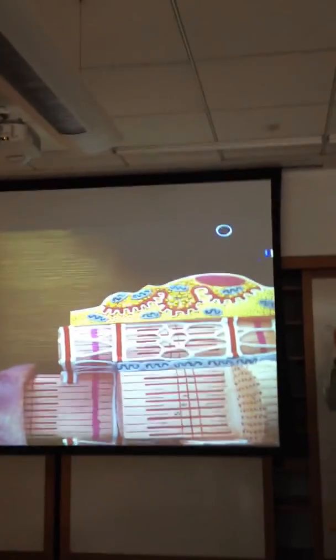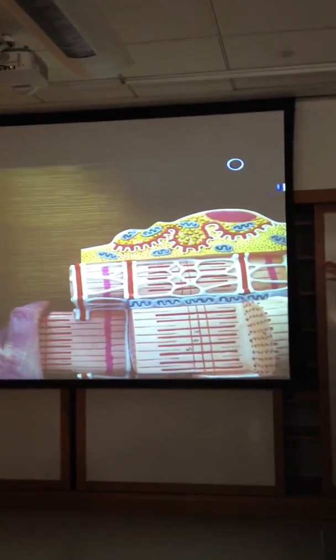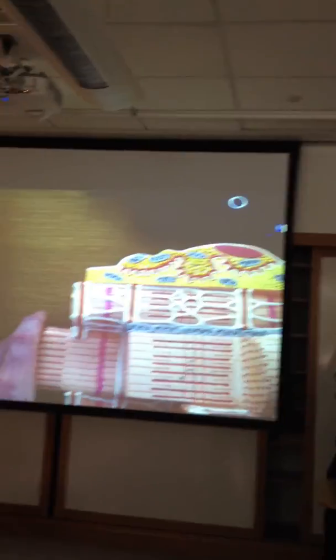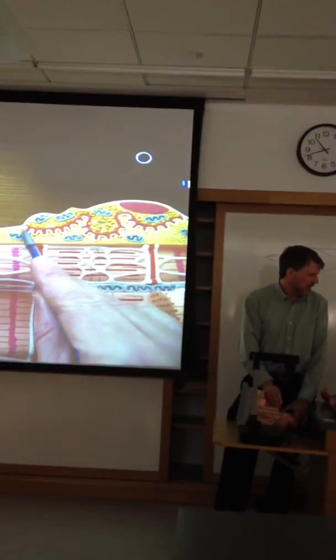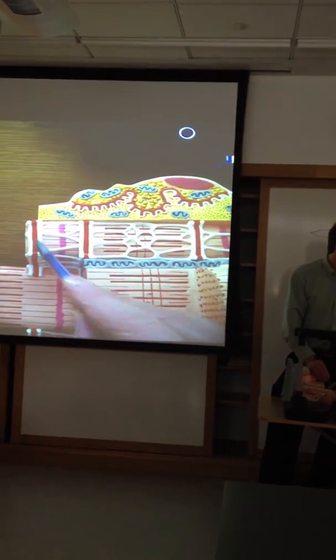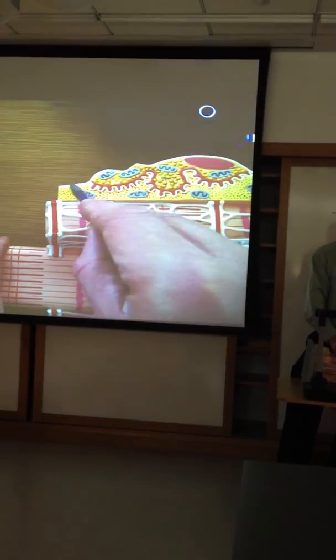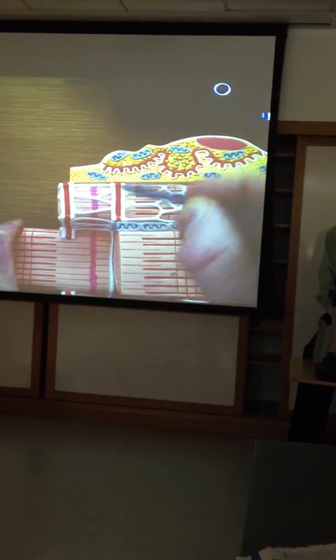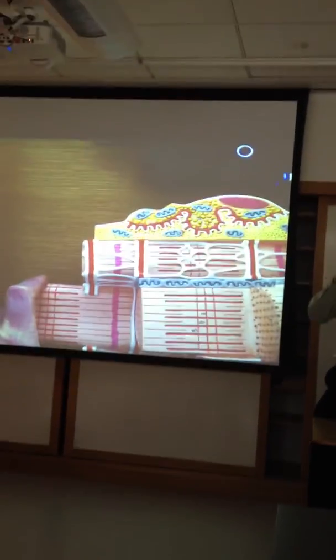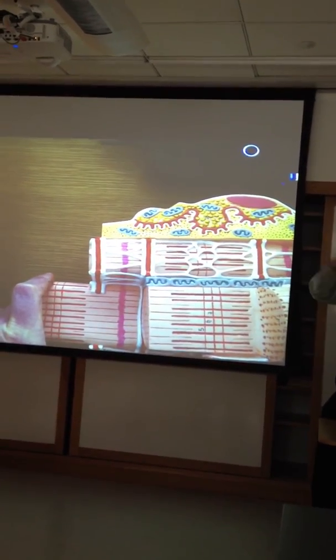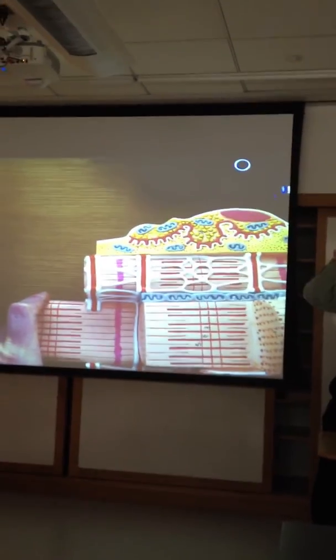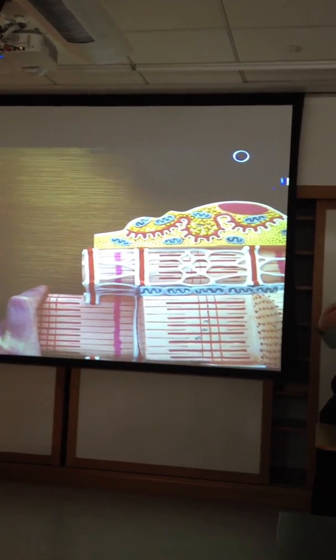Remember, when an action potential moves down an axon, it's moving along the membrane of that axon. In a muscle cell, it does it the same way, but the fact that you have these T-tubules that connect up with the outer membrane allows the muscle action potential to not just travel on the outside of the muscle cell, it actually allows it to move in toward the inside, into the middle of the muscle cell.